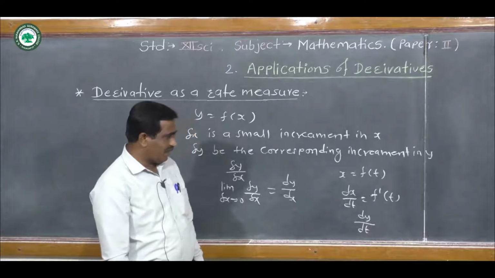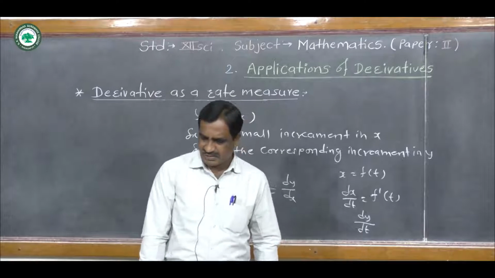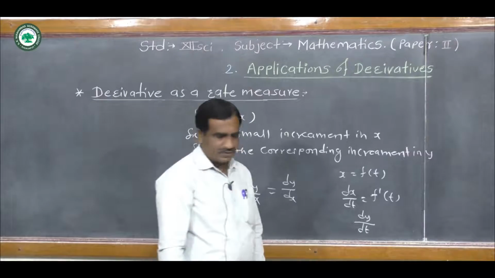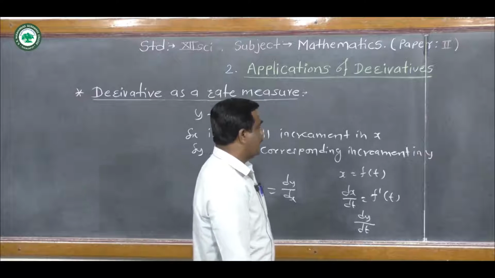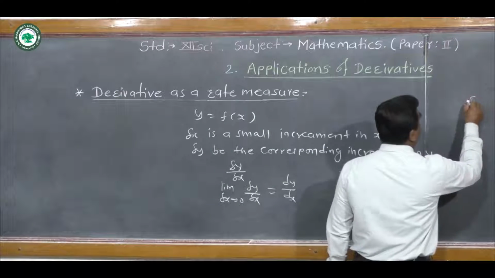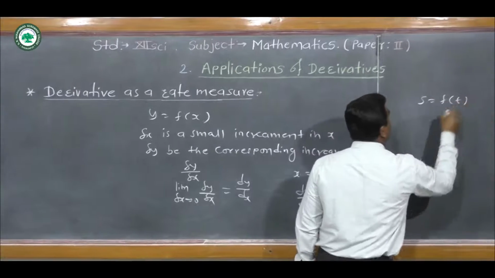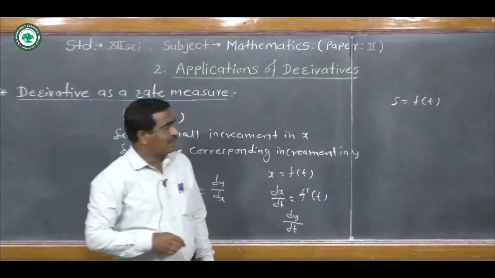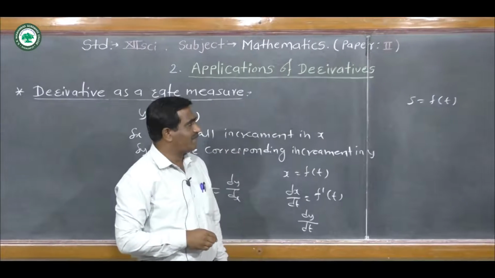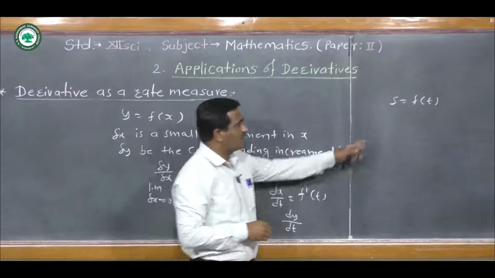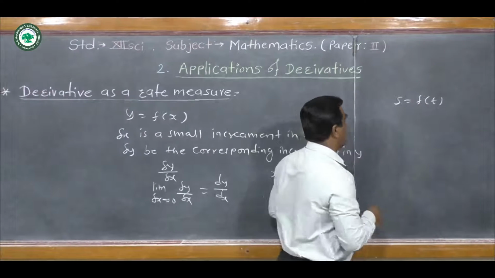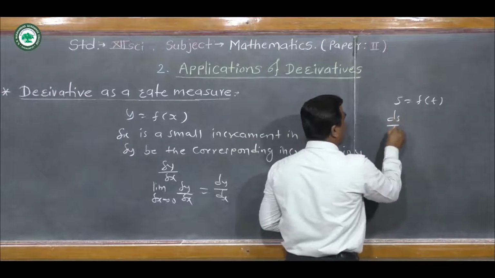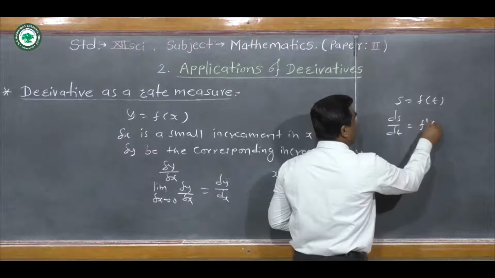Now we know that if we consider a displacement of a particle along a straight line, that is s is equal to f of t, this is a displacement function. If we take the derivative of s equal to f of t with respect to t, we get ds by dt is equal to f dash of t.